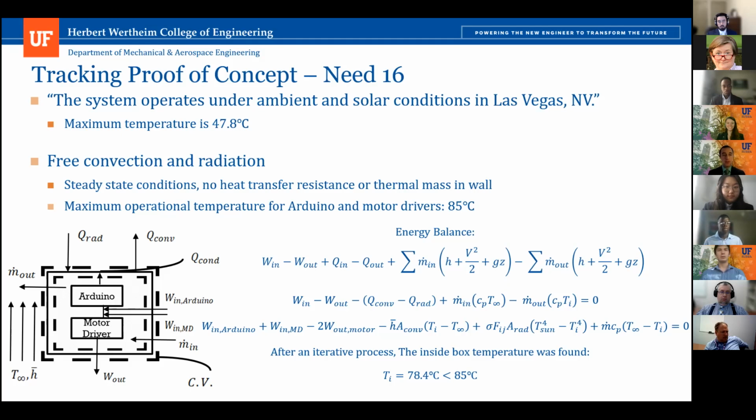The viewing factor for radiation was proven to be very small, therefore proving that radiation did not play a part in the heat transfer. Therefore, free convection was the only component that played a part, and it resulted in a maximum temperature inside the box for the worst case scenario, still less than the operational temperature.